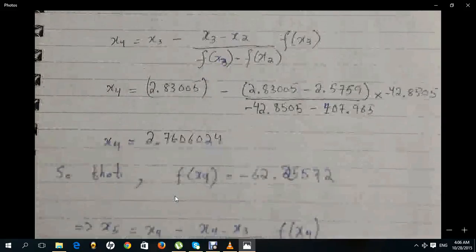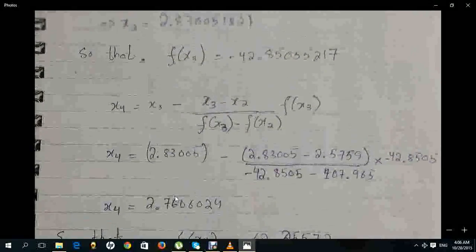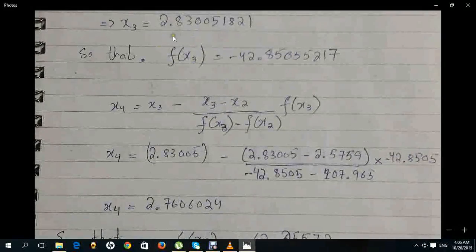Now we will put the root that we just found into our main formula, and we go through the same procedure again. Now you can see the root we found is 2.7606. The previous root was 2.830. The value of this root is now converging.